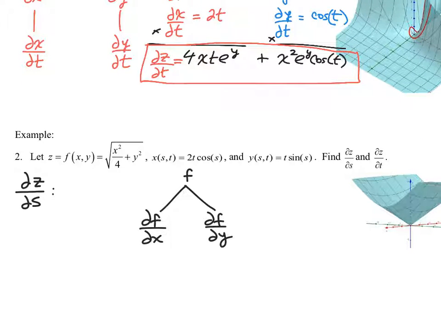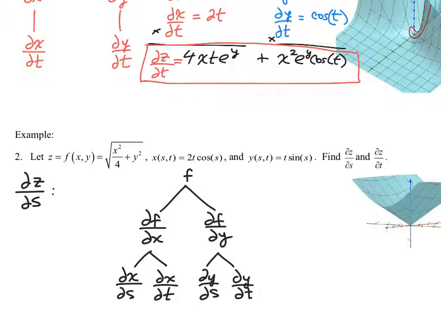But then when I take the partials with respect to x, the partial of x, I could do that with respect to s or t. I do the same thing for the y's, again with the idea that I could take the partials with respect to both s and t. So partial y with respect to s, partial y with respect to t.